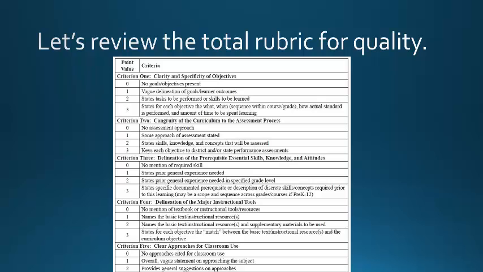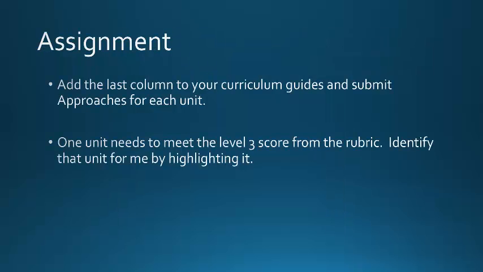Okay, we've looked at all these separately, now we're looking at them all together. So your goal now for the last checkpoint is to add your approaches or strategies to your classroom. So your assignment, add the last column to your curriculum guide and submit approaches for each unit.